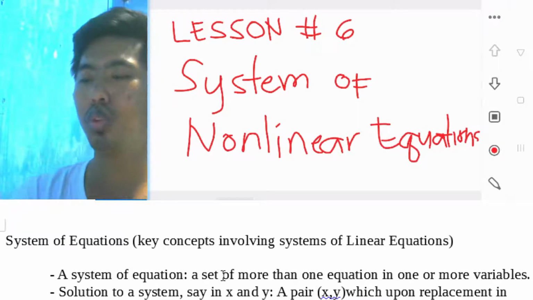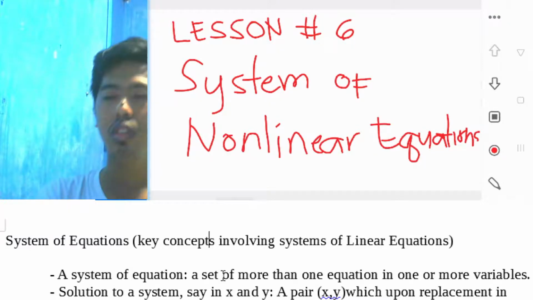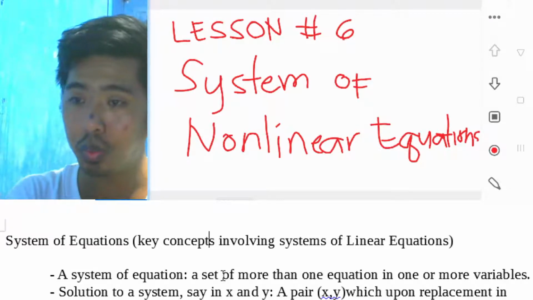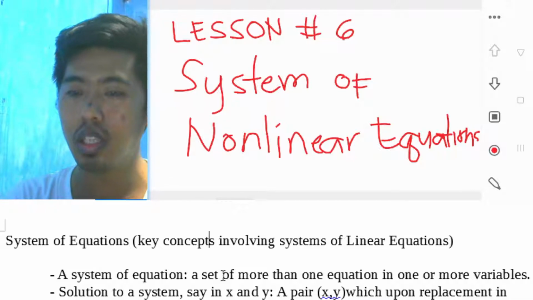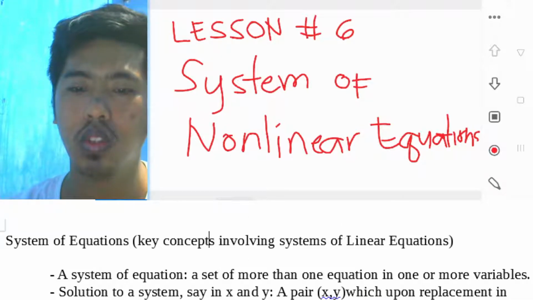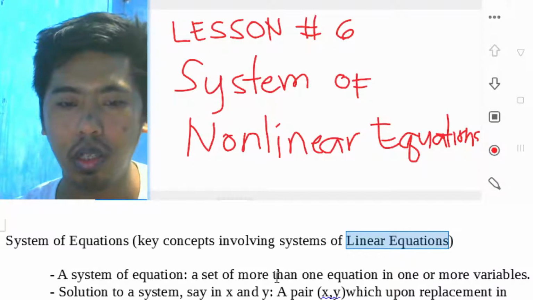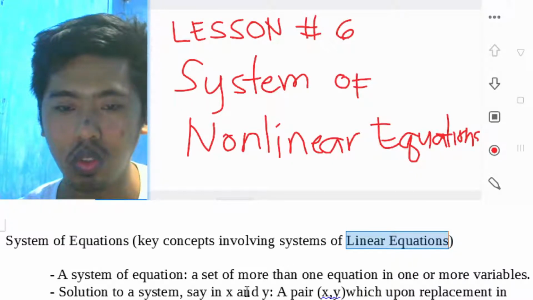Okay, but we're going to know later on unsa na mga butanga, unsay kalahian, unsay kapareha. Now let's proceed on the key concepts involving systems of linear equation. Take note, linear equations pa ni, in order for us to contrast and compare the linear equations and the non-linear equations.